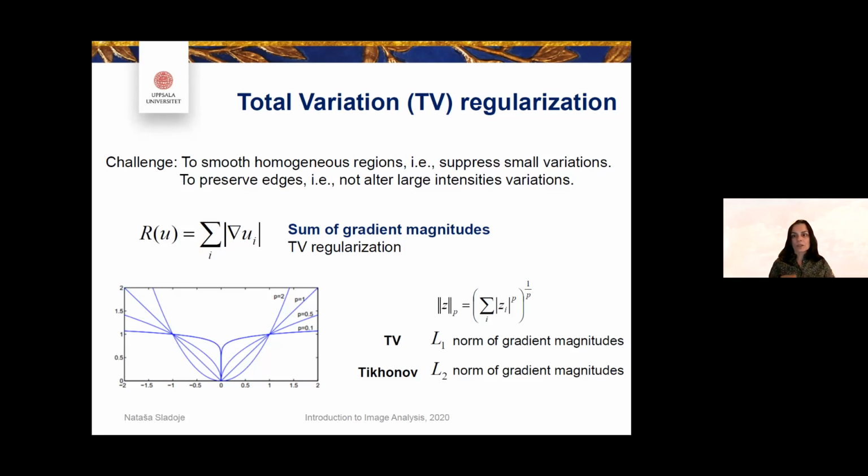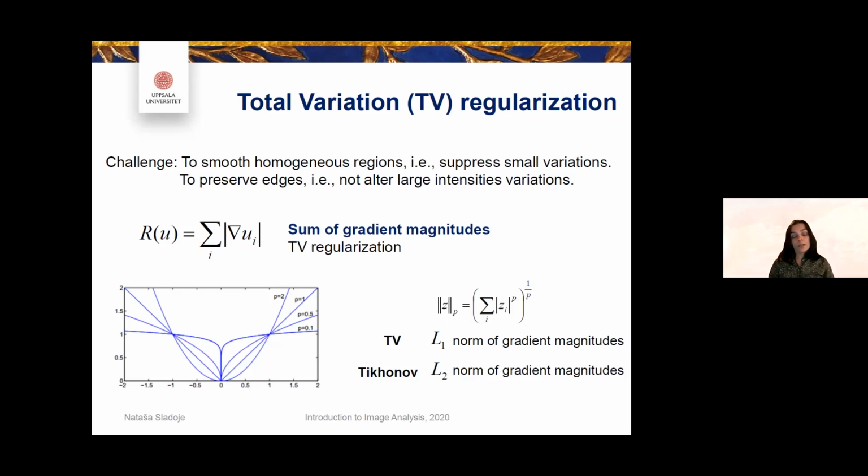We should somehow design a regularization that will act differently in the regions where intensity variations are small, where they should be suppressed, and where intensity variations are large, which should be kept as much as possible as such.